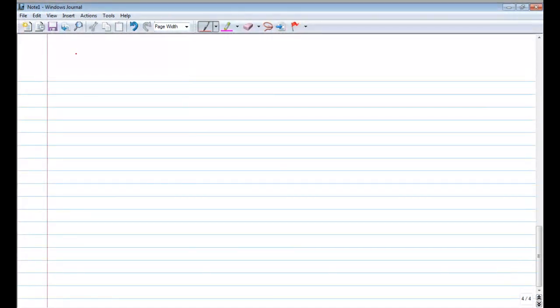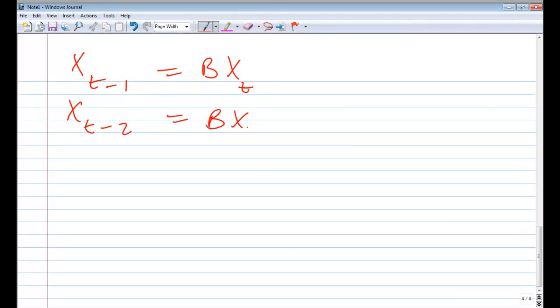So we say that xt minus 1 is equal to bxt, if you still recall. Similarly, xt minus 2 will be equal to b xt minus 1.